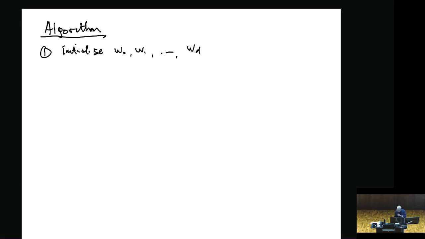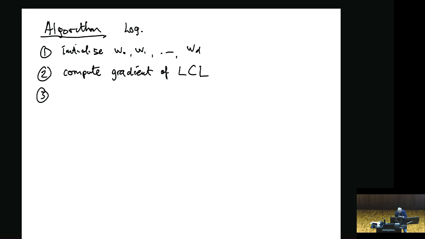Okay, and we need to compute the gradient of the log conditional likelihood, and then we will update the parameters. So this is logistic regression by gradient ascent.